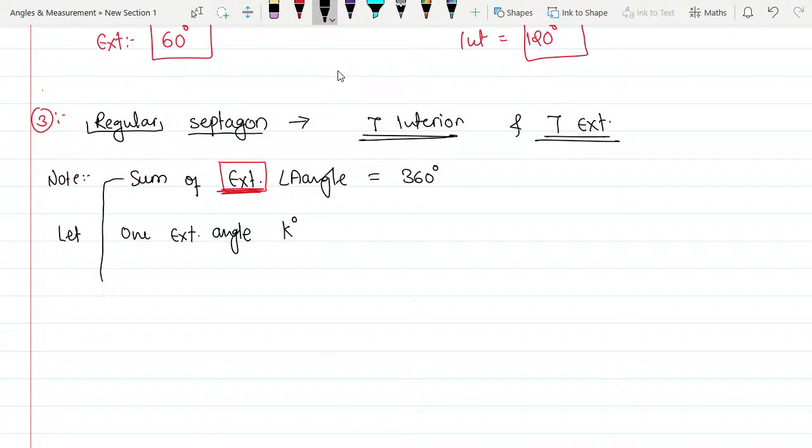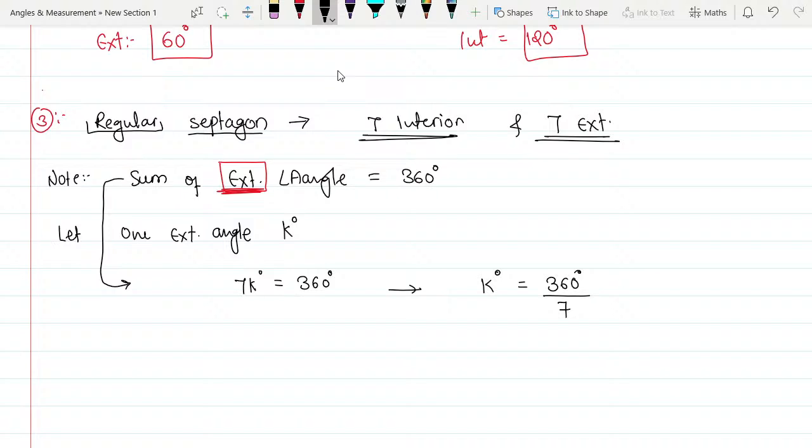Using this, what equation can you have here? 7K degrees is equal to 360 degrees. I hope it is clear. So from this I can find that K degrees is equal to 360 divided by 7. Yes, it is 360 divided by 7. This is our one exterior angle.